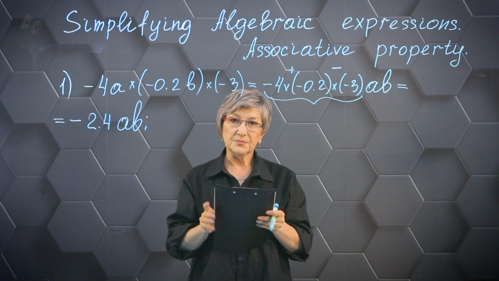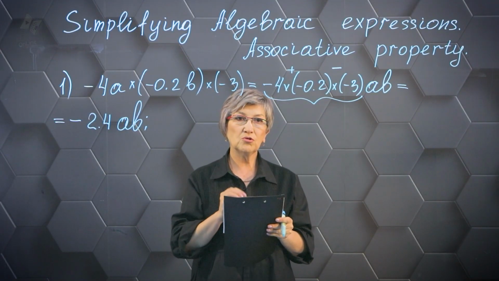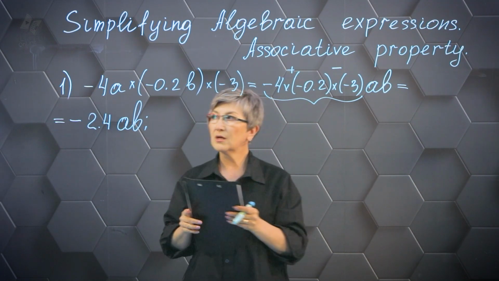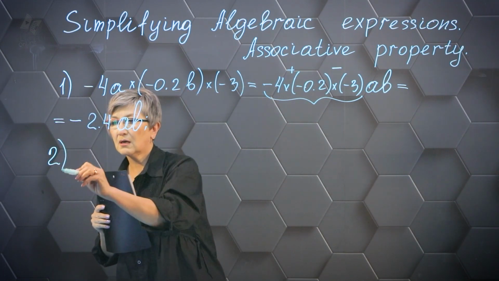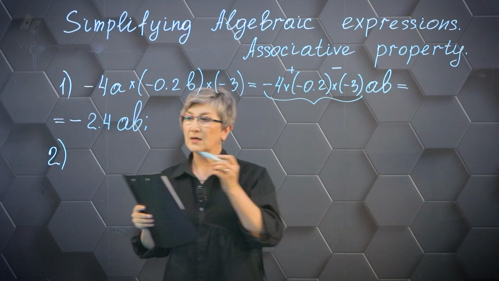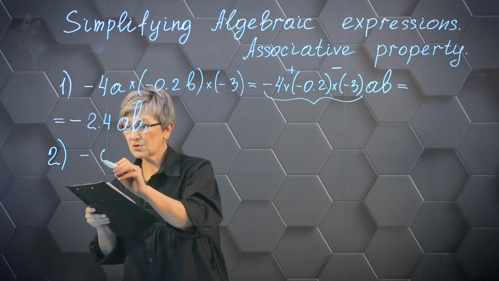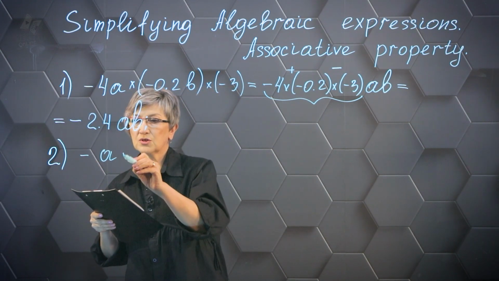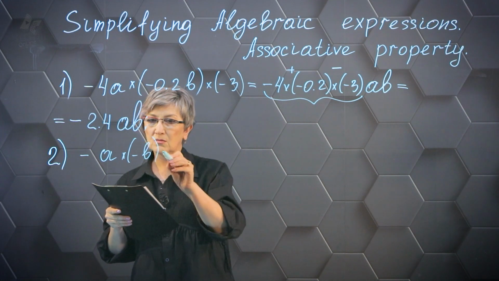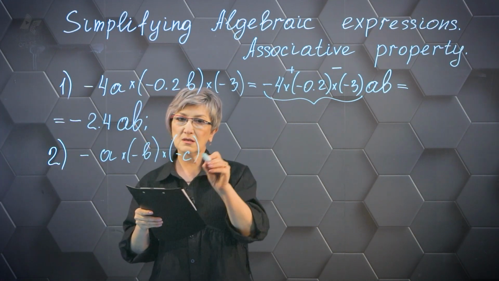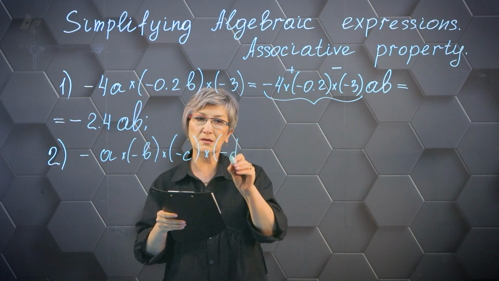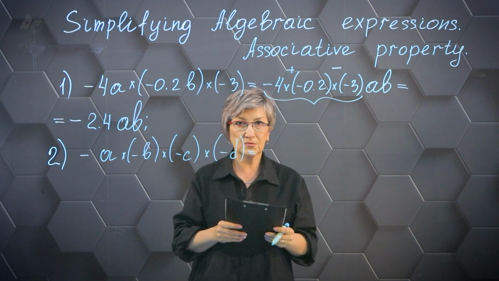And one more example. If in the example you see only the alphabetic part, then we need to work with the letter part. Let's write down the example. Minus A times minus B. Multiply by minus C and multiply by minus D. What is the result?